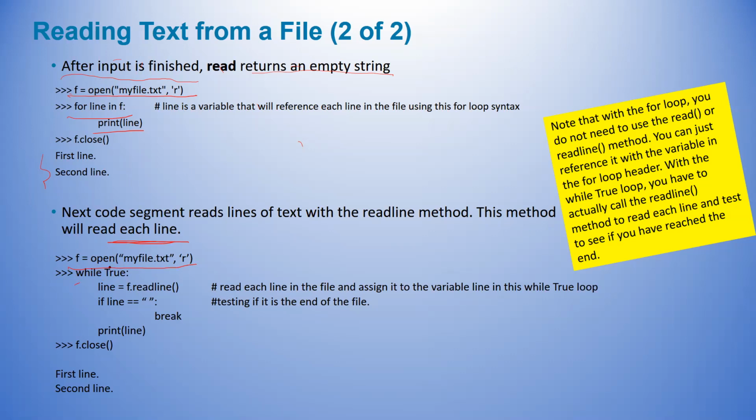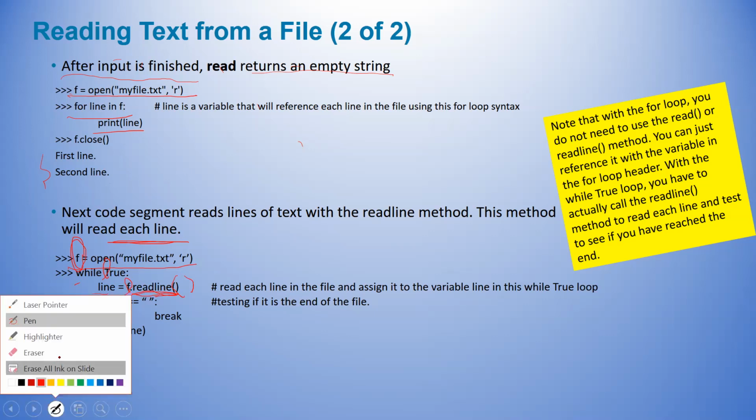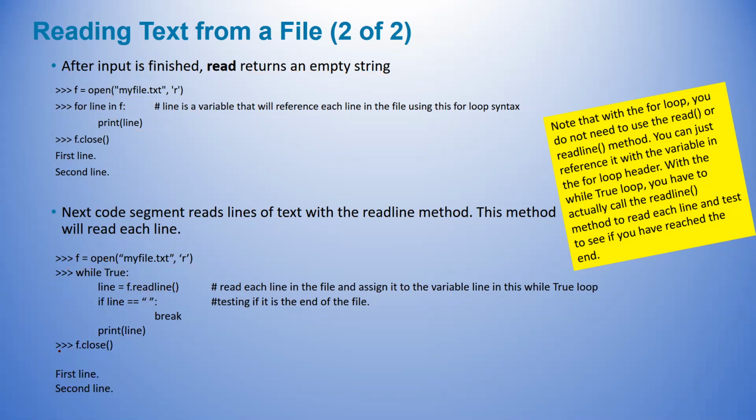Notice this is uppercase, everybody, that T. So while True colon, line is equal to f, that's the file object we opened with, dot readline, this is the method name. So you must have that. It will read one line only.